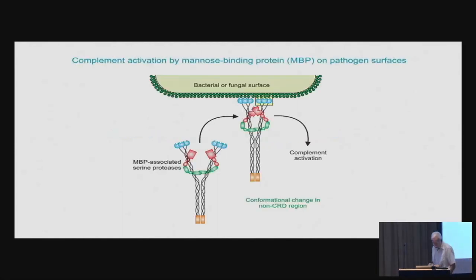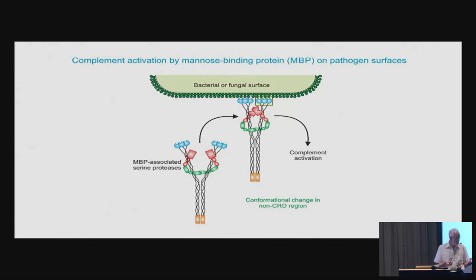One example that is pretty well understood up to a point is this interaction of mannose binding protein with the surface of the microorganism, because we know what that does. Now, it doesn't involve signaling in cells.